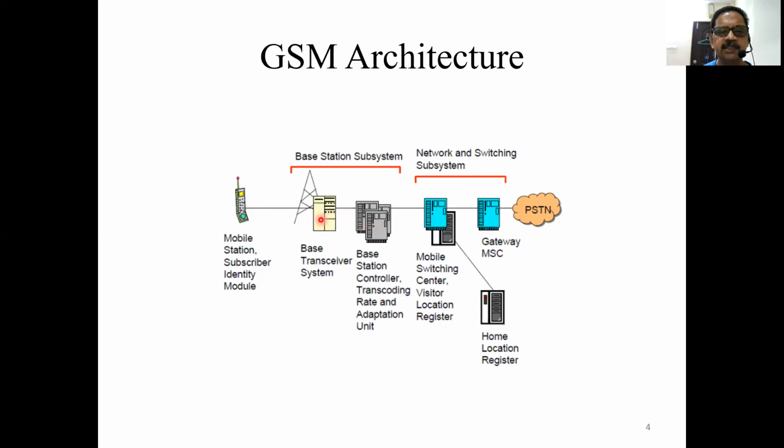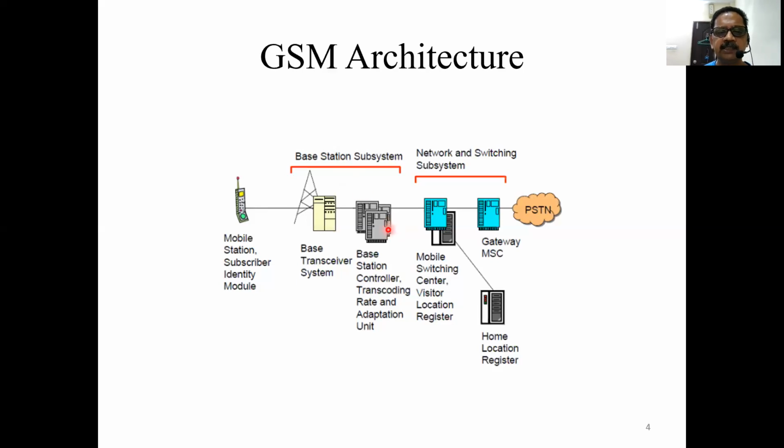A number of base stations are connected to the base station controller, which will have the transcoding and rate adaptation unit, TRAU. This we will discuss in due course of time. The BTS and BSC put together are known as the base station subsystem, BSS.